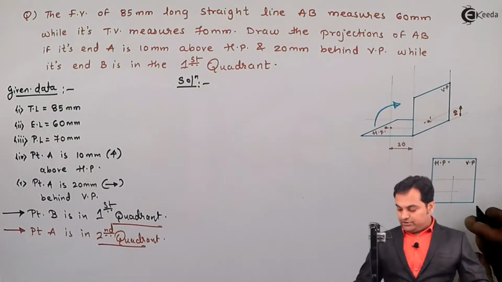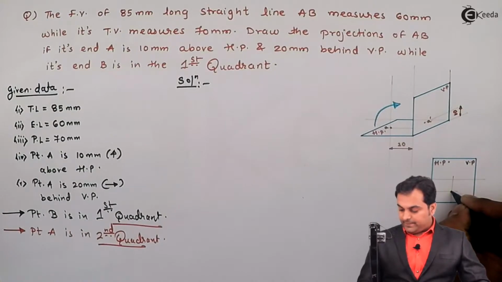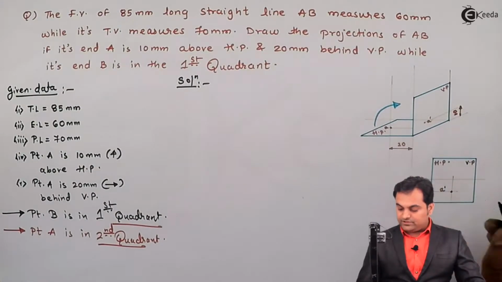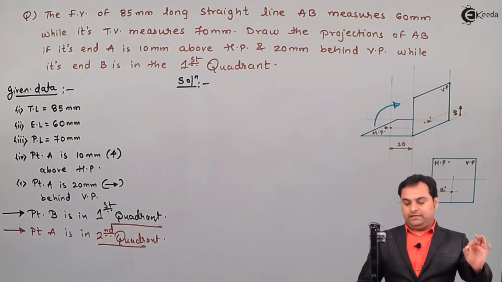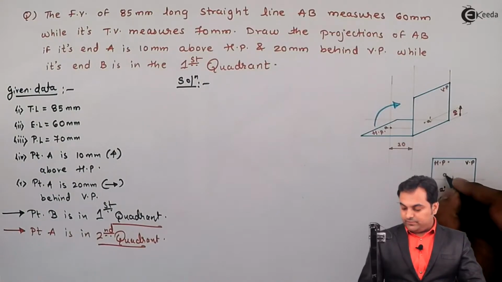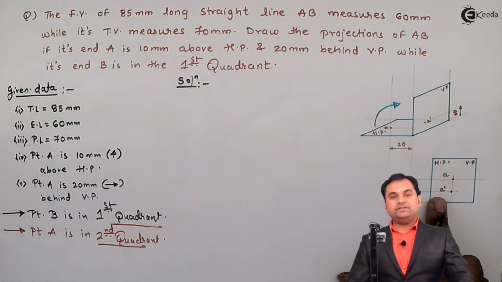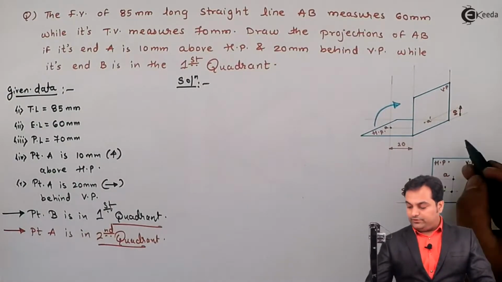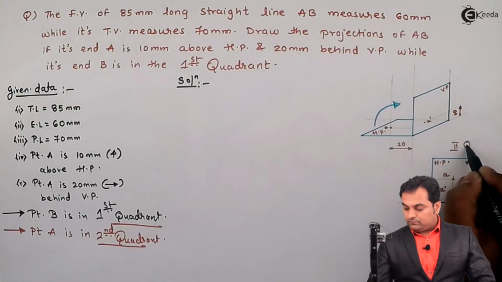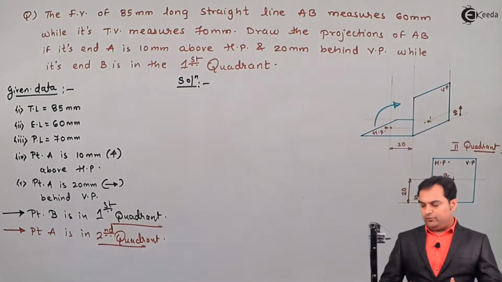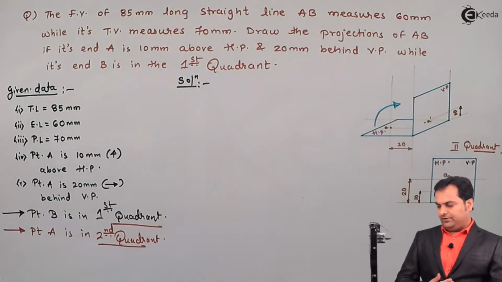So here are the locations at 10 height. In VP, I'm going to get point A dash, which is the front view of the point A, and the top view is at 20 distance, that will be at point A. So A dash indicates front view, A indicates top view, and since it is in the second quadrant, the points are overlapping, that is front view and top view are overlapping here.